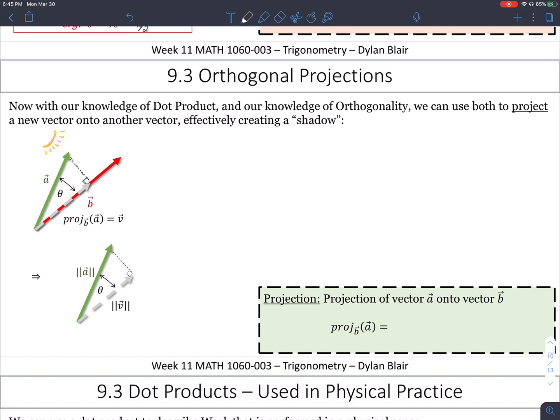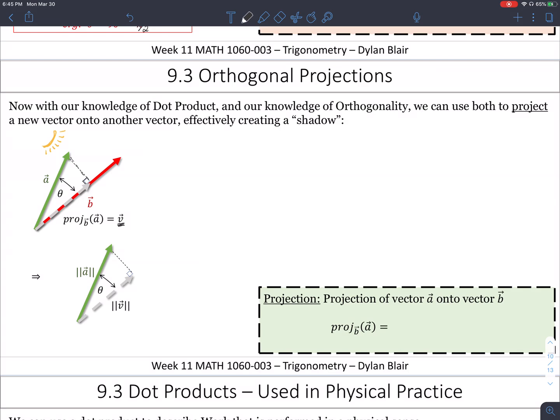Okay, and for the sake of this proof, we're going to label it vector V so that we don't have to keep on referring to it as projection of A onto B. Now we're going to take that triangle and get a relationship out of this, because we can relate this angle between these two vectors.